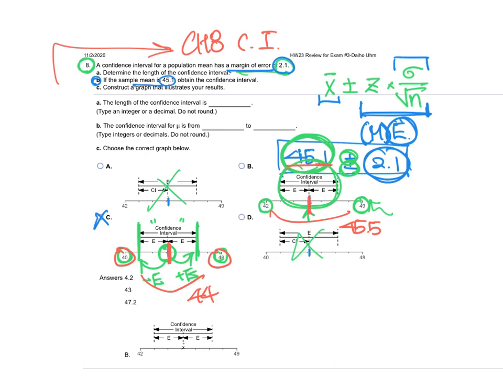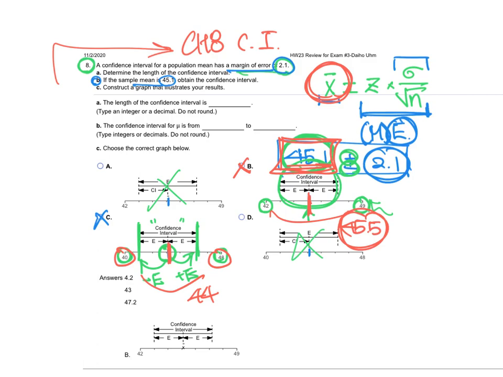It must be 45.1. I think 45.5 is a closer one, so I think choice B is better than C, because in the middle there must be 45.1, the sample mean.